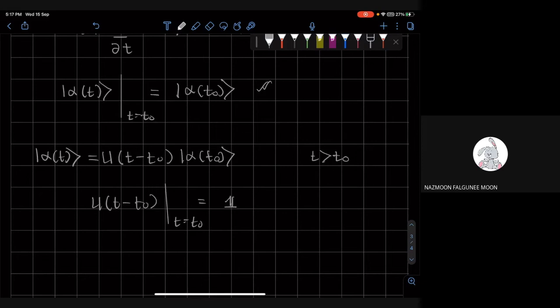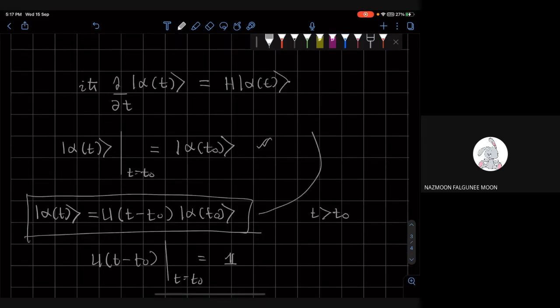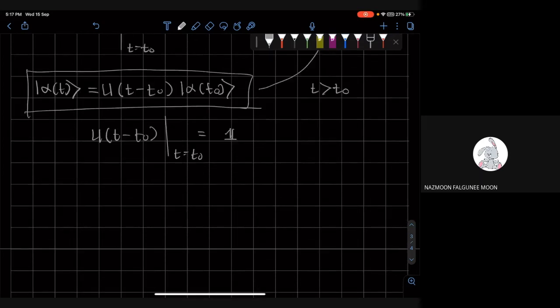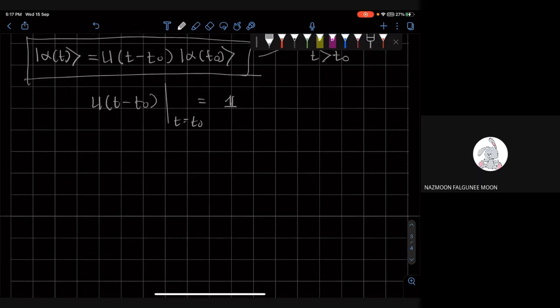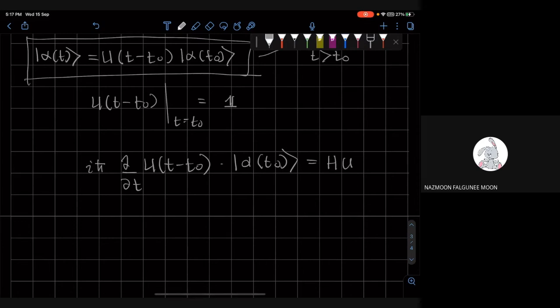So now what we can do is take this and insert it into this equation. Then what do we get? We get i h bar d by dt of U(t minus t0) times alpha t0 is equal to H U(t minus t0) alpha t0.